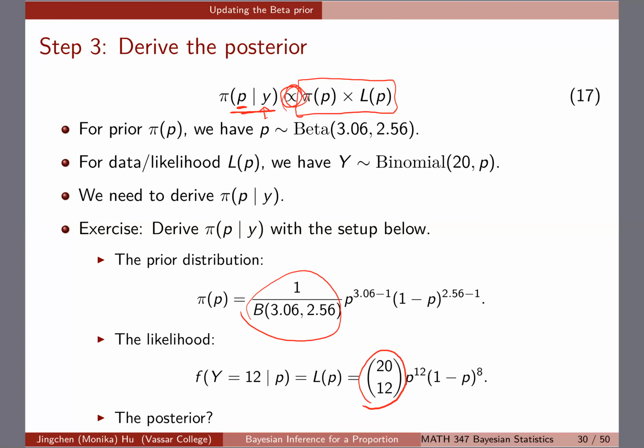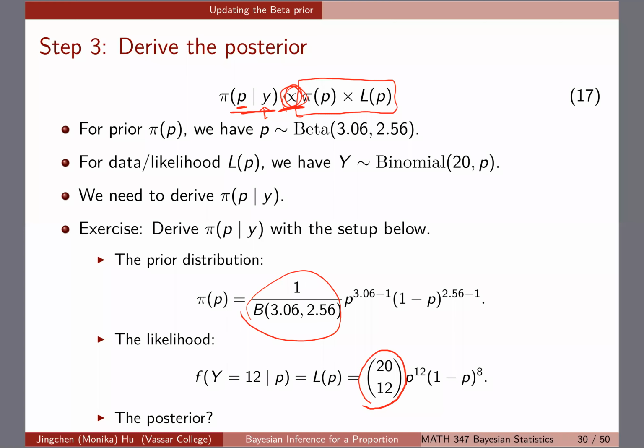Both of these terms are not dealing with p. Since I'm using a proportional sign here, those constants can go into the proportional sign as well. That can help you simplify the problem a lot more, and you will see throughout the semester that it's a technique that we use. So I'm going to break for 2 minutes and try to derive the posterior.